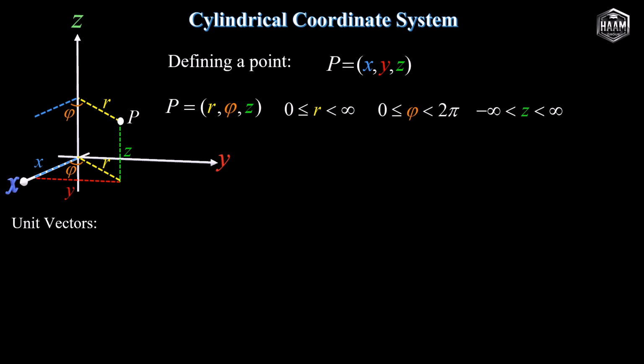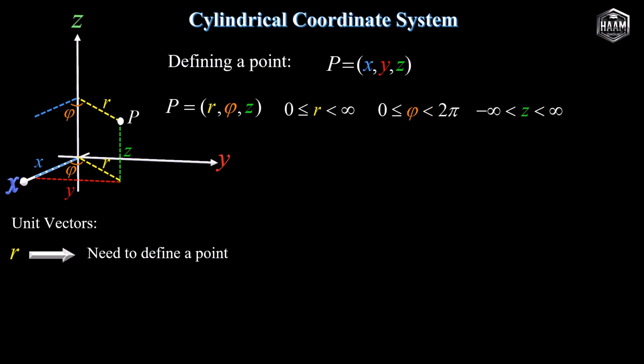Now, unit vectors. To define the unit vectors, note that forming the r-axis requires connecting a point to the z-axis to establish r itself, enabling the definition of a hat sub r.